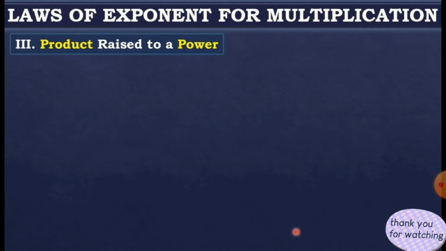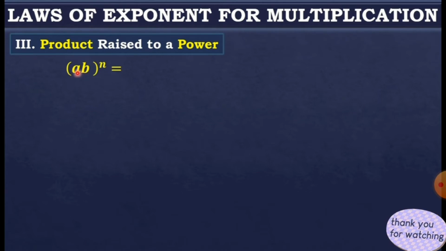Okay? Our third law of exponent is what we call product to a power or product raised to a power. Okay, anong ibig sabihin nito? Just raise the factors or the base to the power by multiplying the exponent. So, yung base na AB and the exponent N, okay, you can see the exponent N sa labas ng parentheses, i-distribute lang natin si N ni A at ni B. So, A and B should share the same exponent.